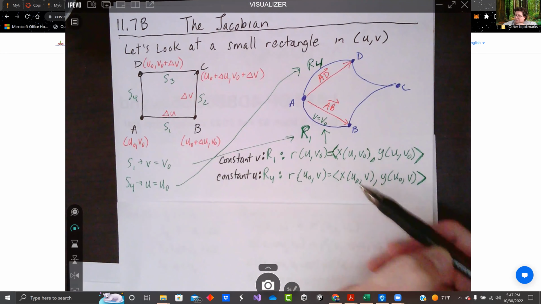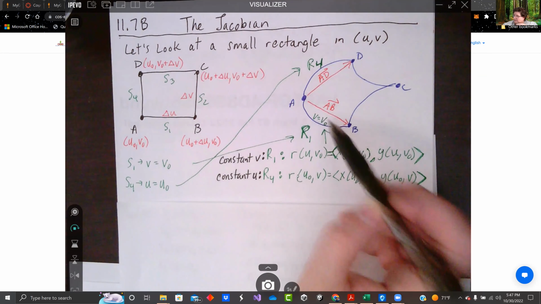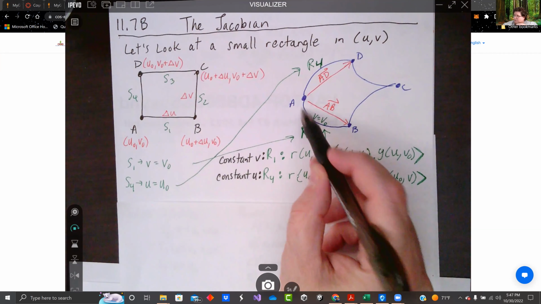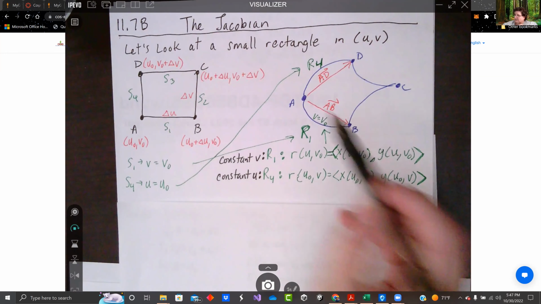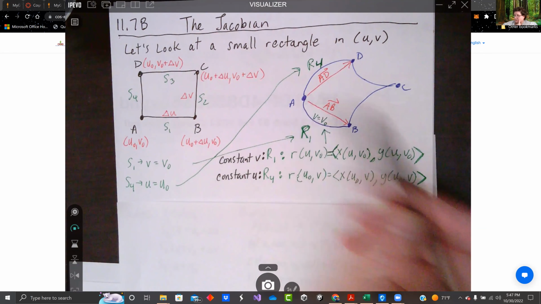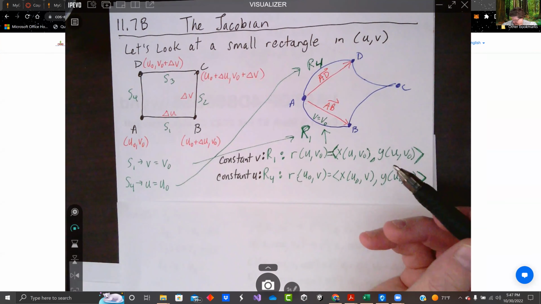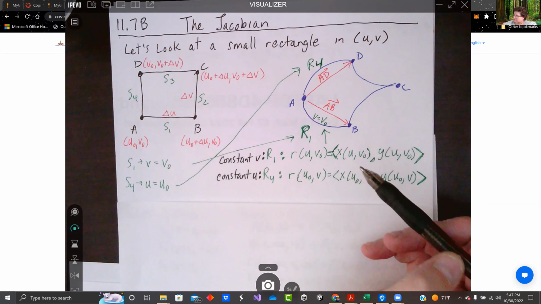And then our vectors are along the points right here. We're going from u, v naught, or points to A, sorry. R1 is pointing from, this is written funny.